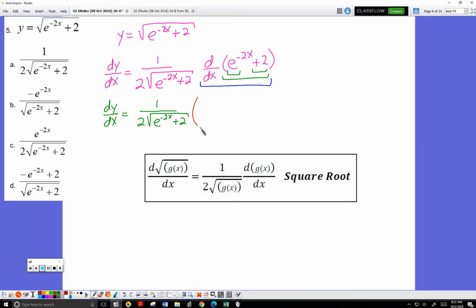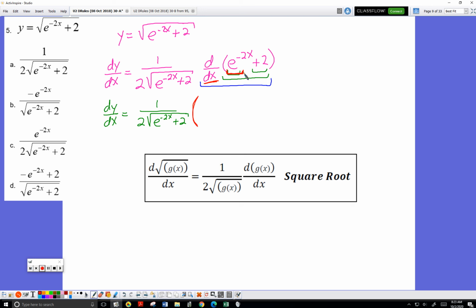Always put the parenthesis when using the addition rule. This one here. Okay, now I've got d dx of e to the something. I'm just doing that in my head. d dx of e to the something. Just say it out loud. What's the something? Say it. Negative 2x. E to the something.